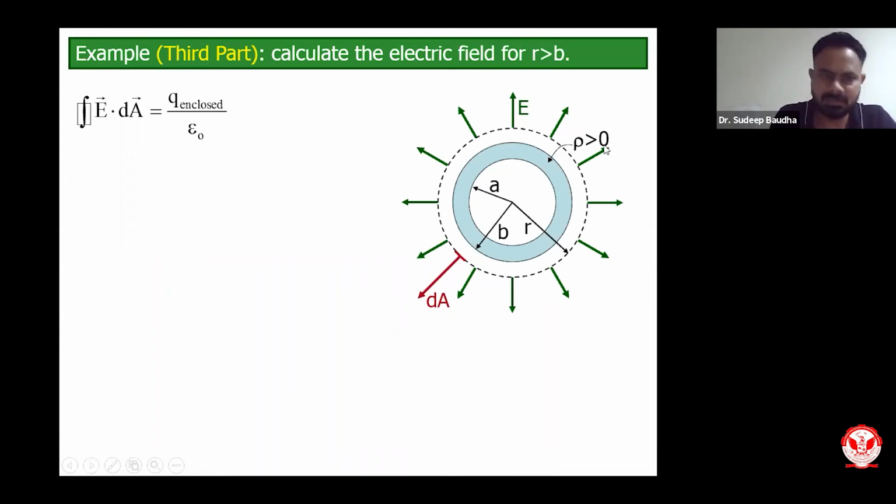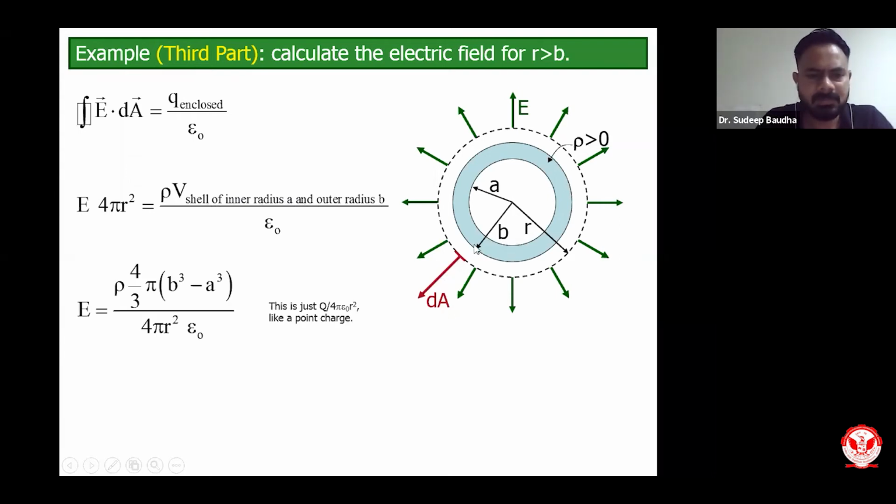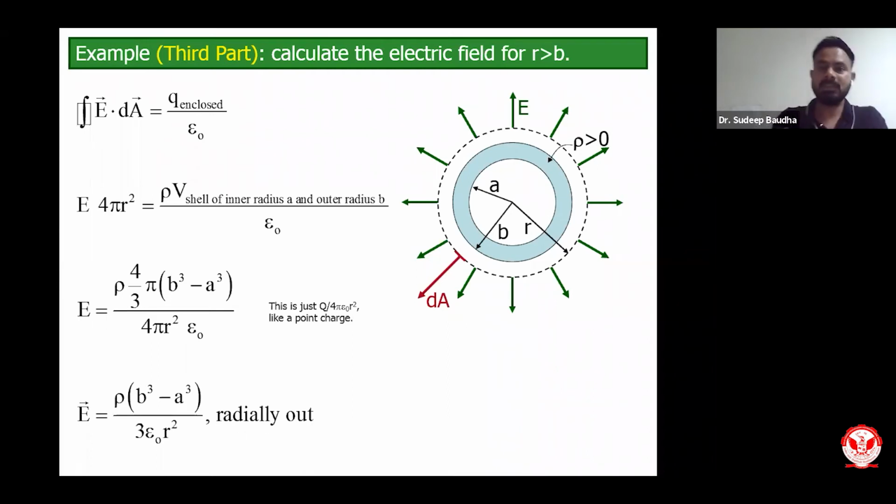Assuming rho is greater than 0, I can simply write the electric flux as E into 4 pi R square, and the charge is rho times the shell of inner radius A and outer radius B. We are going to calculate the field because of B. So simply do the math and you can find the electric field in the third region. That will be equivalent to rho upon 3 epsilon naught R square into B cube minus A cube. So this was the third region where we have calculated the electric field because of a particular volume.